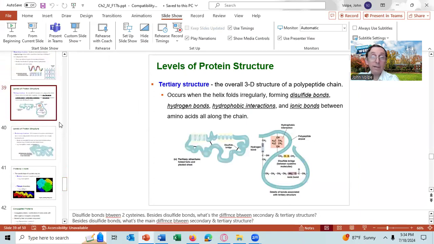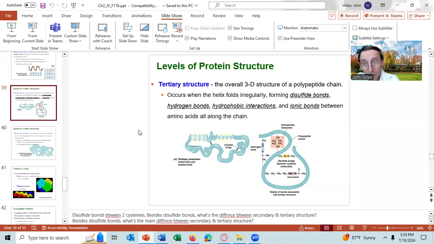Now, once the secondary structure occurs, then the tertiary structure can form. The tertiary structure is when amino acids in any region of the protein chain can interact with another amino acid in the protein chain, and they can be at any position in the protein chain.